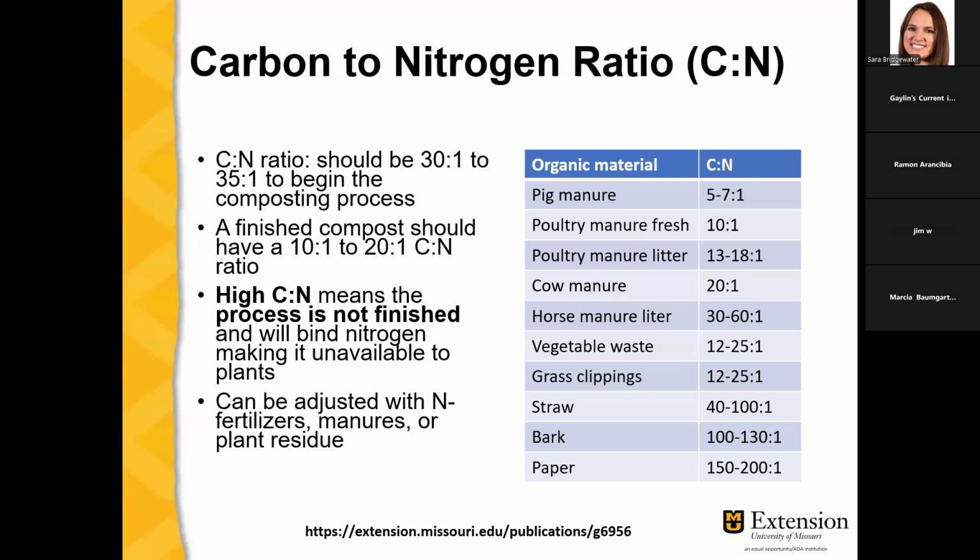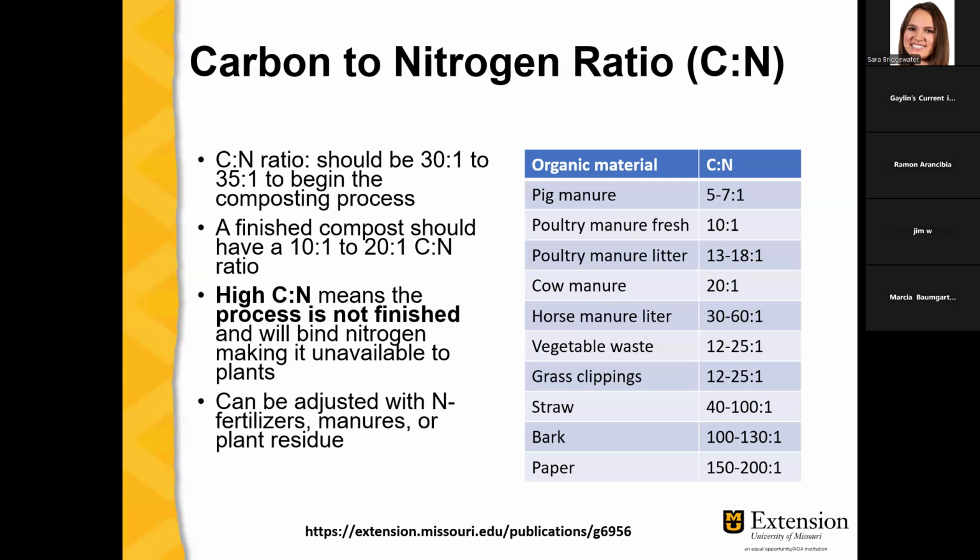After you finish the compost, the ratio of carbon to nitrogen should be between 10 to 1 and 20 to 1. That would be the ideal. But to get to that ratio, you have to start with a ratio of 30 to 1. So you can use some plant material, for example, cow manure, add a little bit of straw, and calculate the relationship to get to a 30 to 1 ratio.